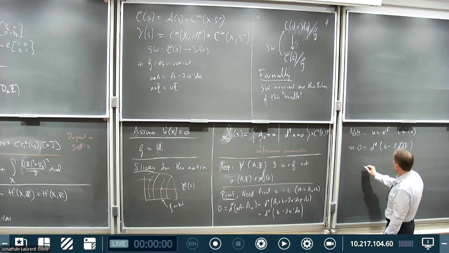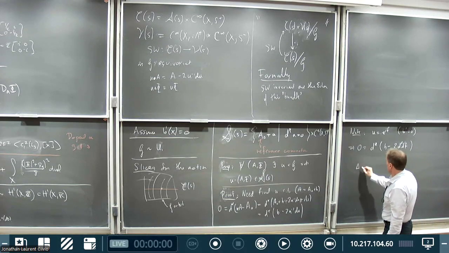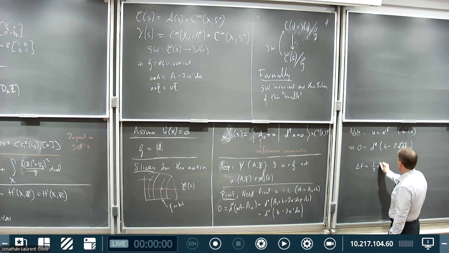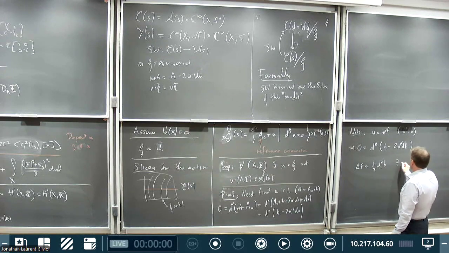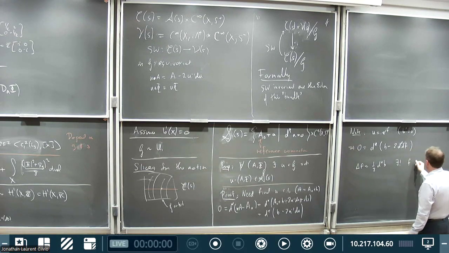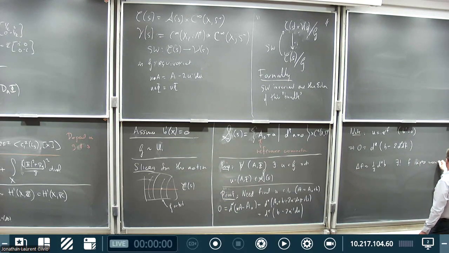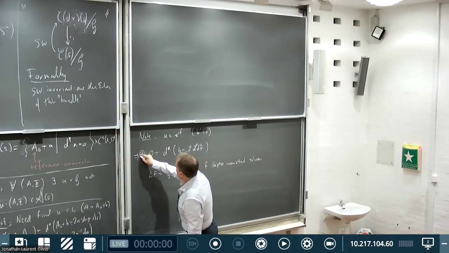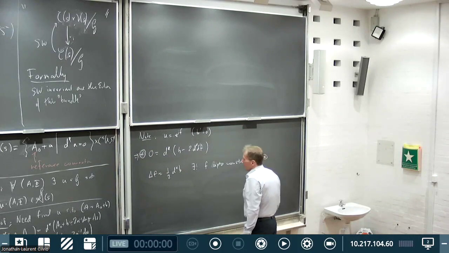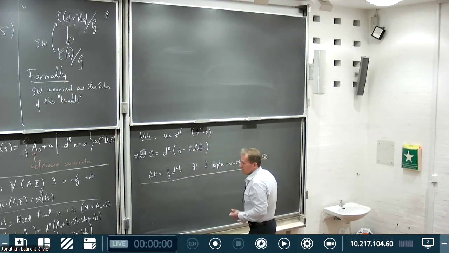Great. So I want to solve Laplacian f is a half D star B. I can do that, so there's this unique f up to constants solving this equation.